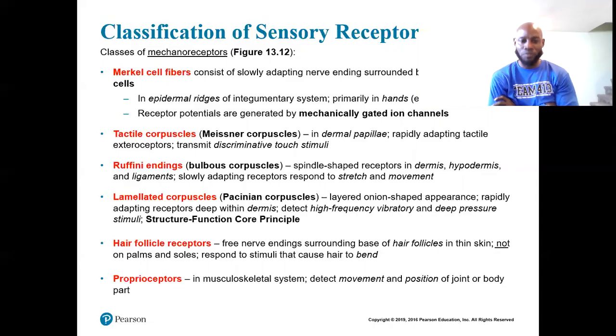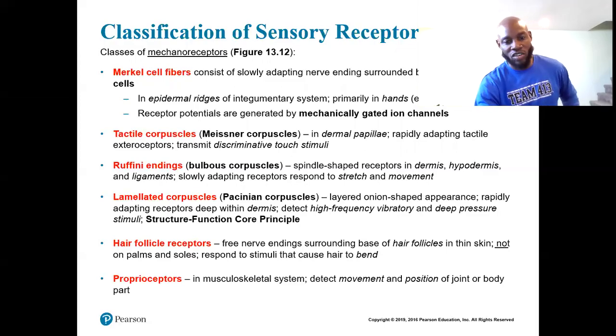Ruffini endings, slowly adapting receptors to stretch and movement. Lamellated corpuscles, rapidly adapting receptors deep within your dermis. Notice how all these are in your skin. They detect high frequency vibration and deep pressure stimuli. Your hair follicles, everybody knows your hair is sensitive, have free nerve endings that respond to stimuli that cause hair to bend.